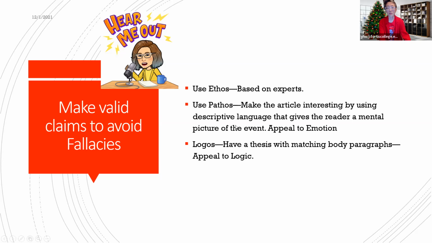So if you only write a paper based on pathos, just based on emotion, if you look back on the 2016 election and you see that both candidates, Hillary Clinton and Trump, made fun of each other, and then voters had to decide which candidate to vote for based on how well both candidates insult each other, that's pathos, that's appeal to emotion.